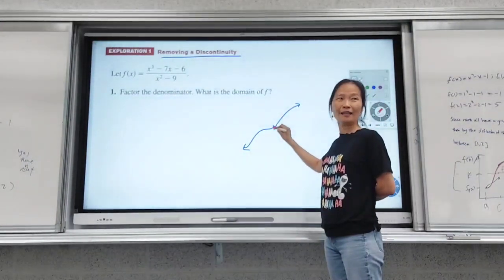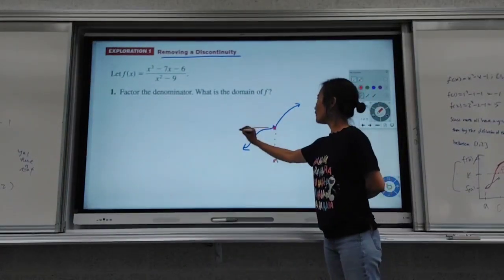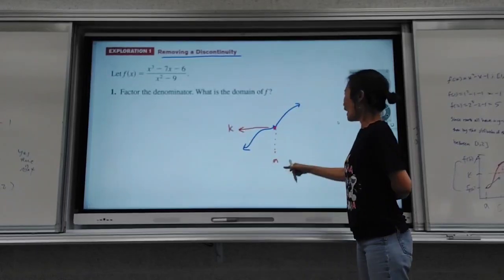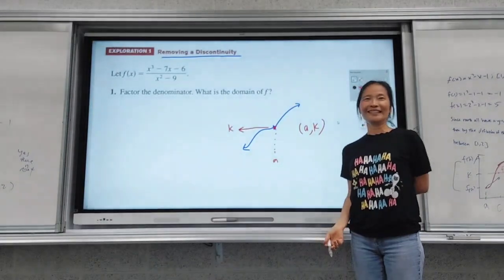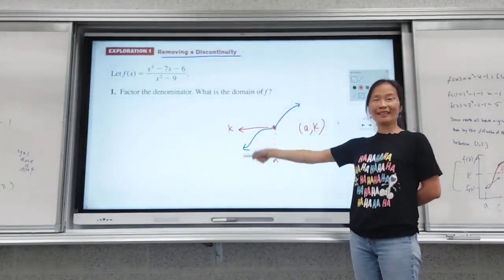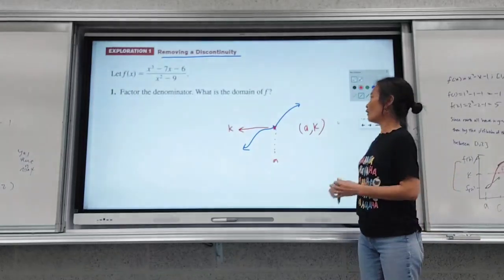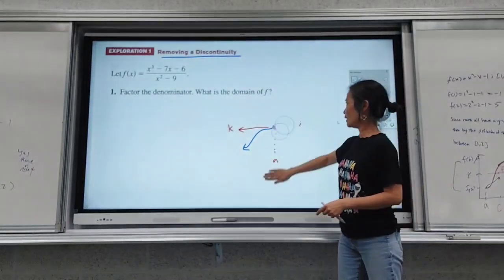Patch it, right? Patch it. If this is at A and this y value is at K, I will assign the point (A, K) into the function to make it continuous. So your goal is to find where the hole's location is.